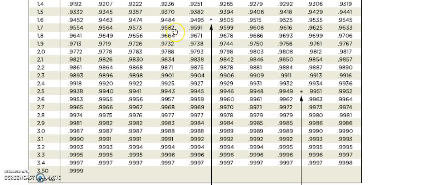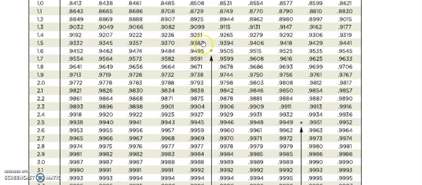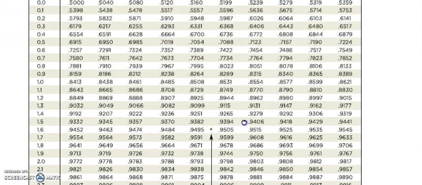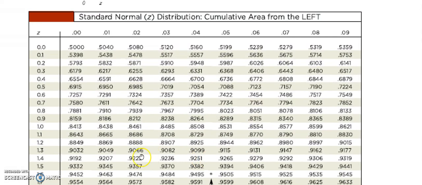Going all the way down here, this is 0.93. Okay, so 0.9406 is here, 0.9394 here. So 0.94 is exactly right here in between, at 1.5, and it's between 1.55 and 1.56. So you can say 1.55 or 1.56.